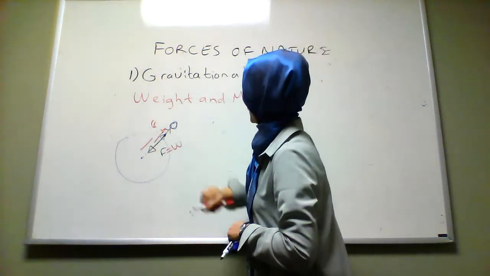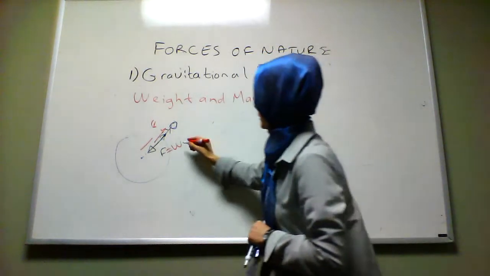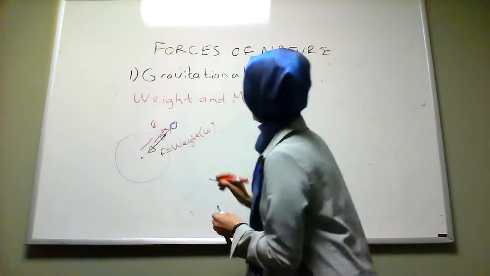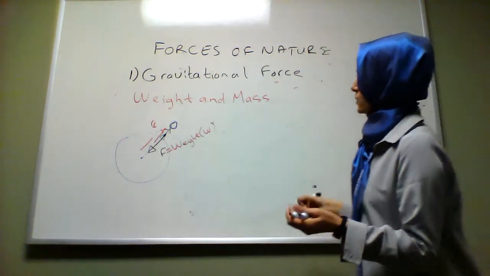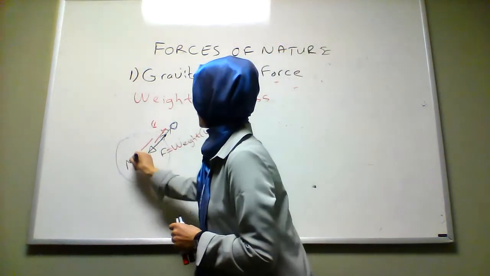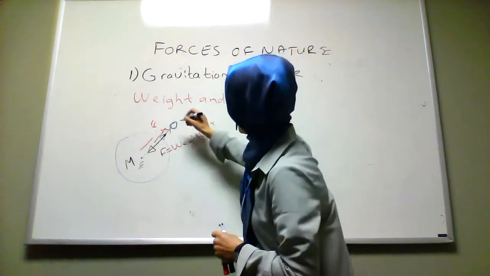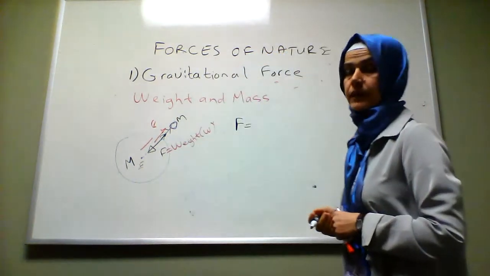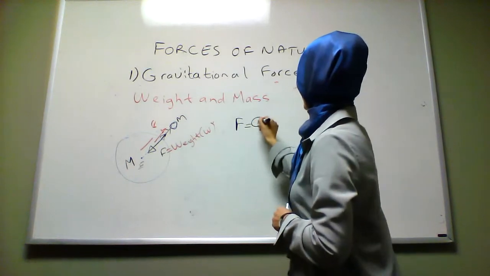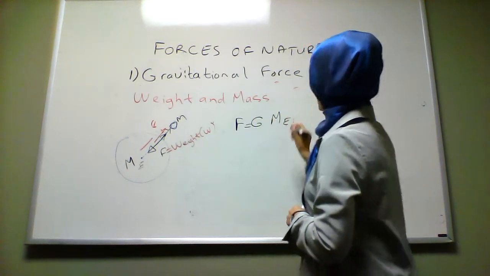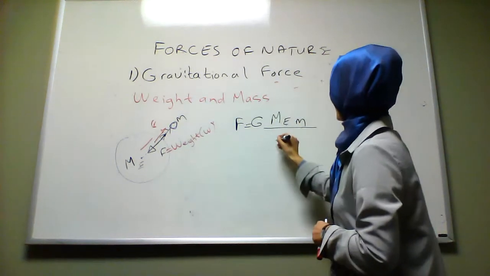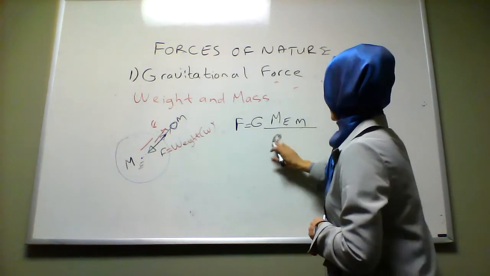So for weight, the symbol we're going to use is W. Let me write it first. So what is this equal to? If I call the mass of the Earth M Earth again, and the mass of the person a small m, the force in between the Earth and the person is equal to G M Earth m divided by R squared.